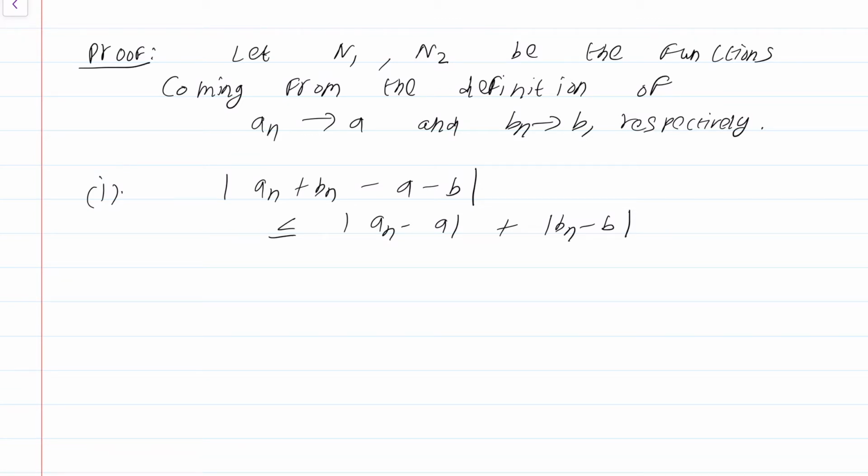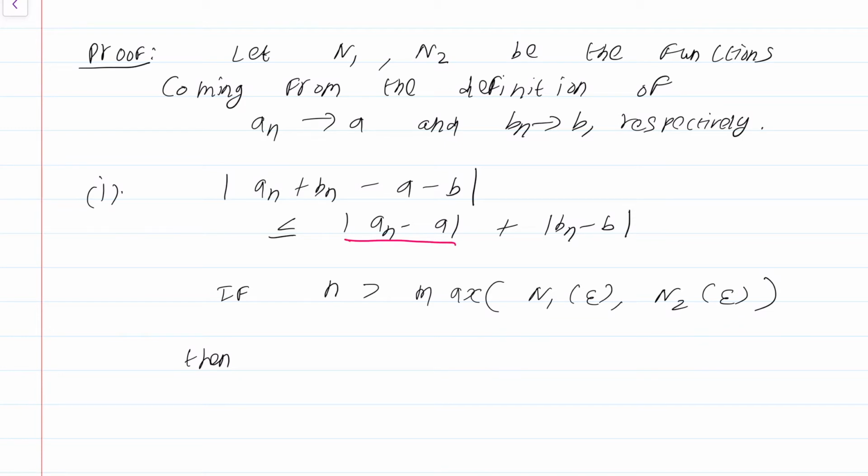But if n is greater than max of N1 epsilon comma N2 epsilon, then each one of these terms will be less than epsilon, right?